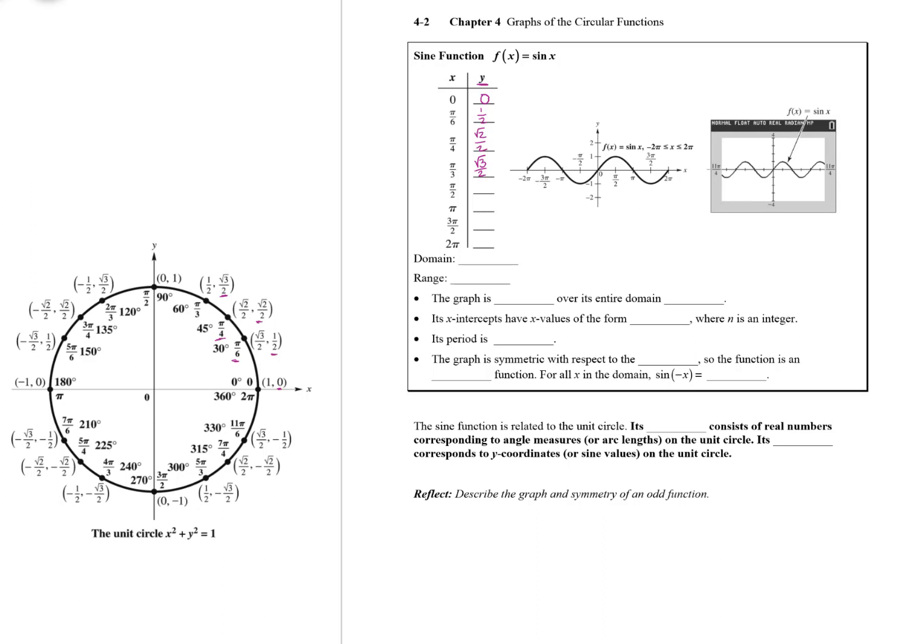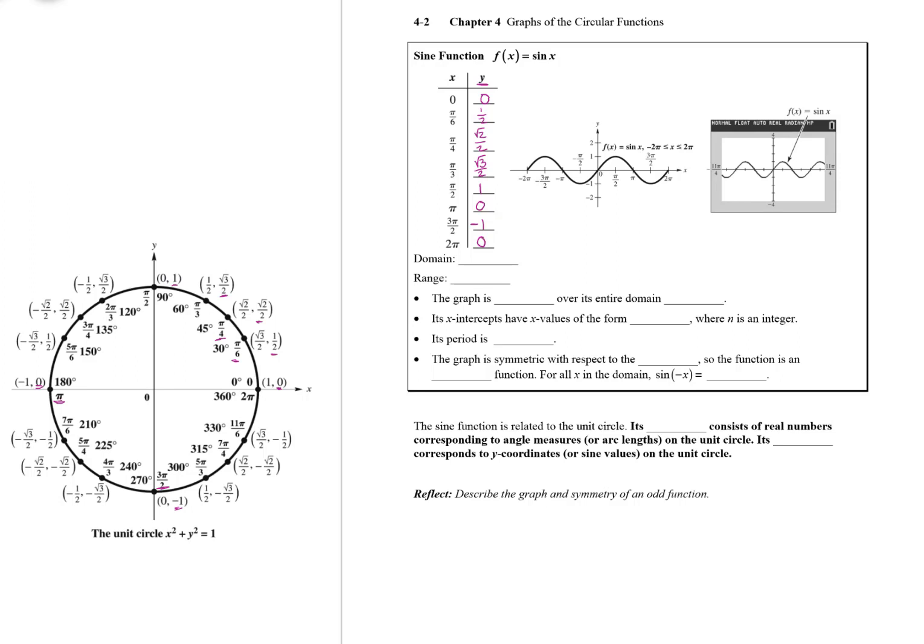And if the angle is pi over 2, we have a y value of 1. Now skipping around a little bit, we have pi for the angle. Y value is 0. If the angle is 3 pi over 2, the y value is -1. And at 2 pi, the y value is 0.